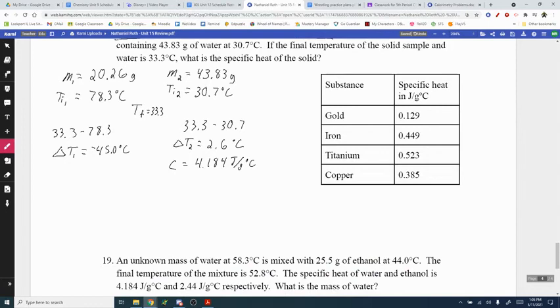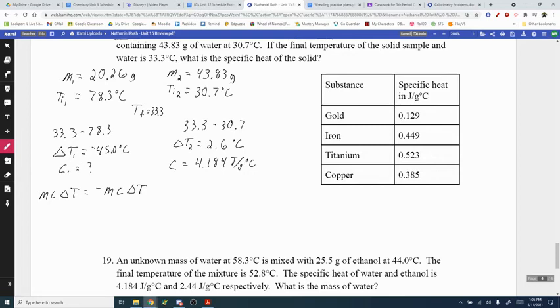All right, so now our equation, mc delta T equals negative mc delta T, because the energy of the system is equal to the energy of the surroundings, but a negative of it. Okay? So now we are looking for the C of our system.